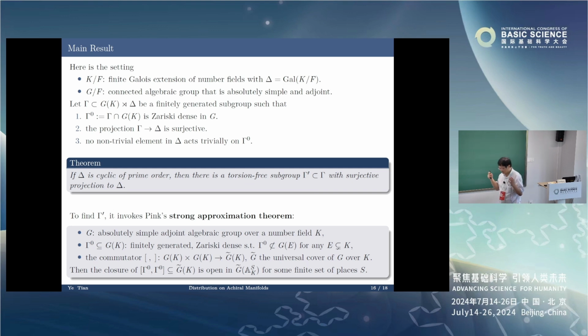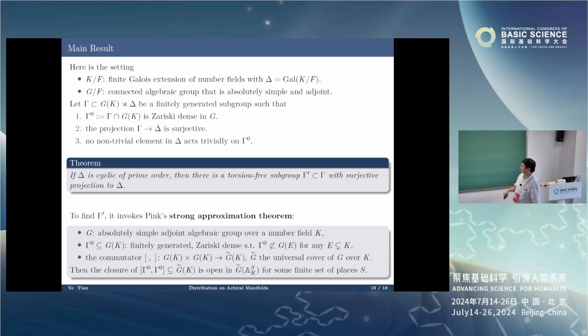Suppose I give you a reductive group whose center is finite, and you want to say the k-rational points, the position of the closure of its rational points in its adelic points. So what should this be?